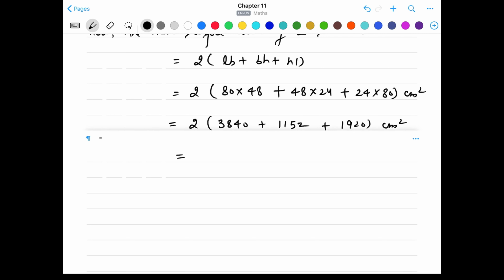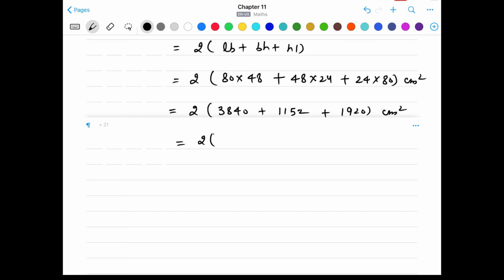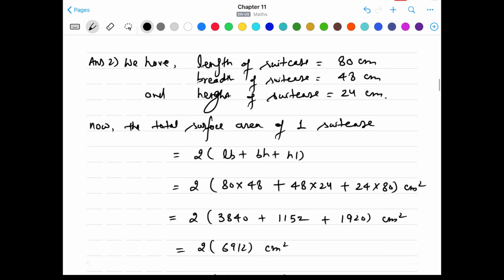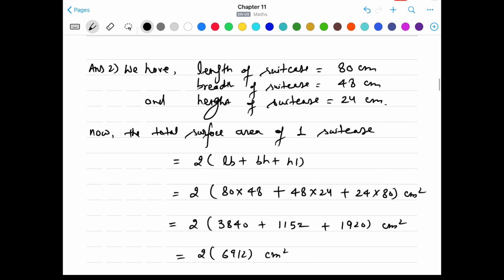Okay, now let's add all the numbers inside the bracket. After adding all the numbers inside the bracket, we'll get it as 6912 centimeter square. And now we have to multiply this by 2, so we'll get the result as 13,824 centimeter square. Okay, so that is the total surface area of one cuboidal box, or you can say suitcase.